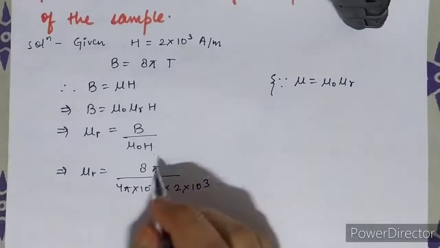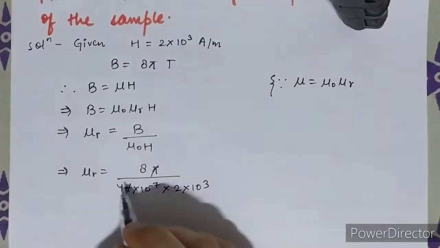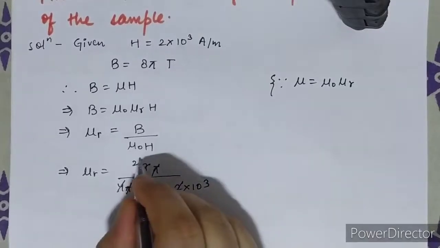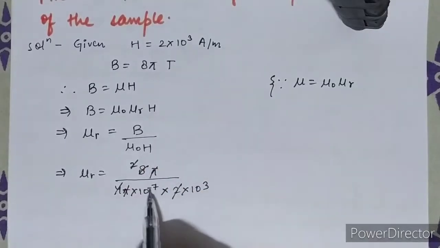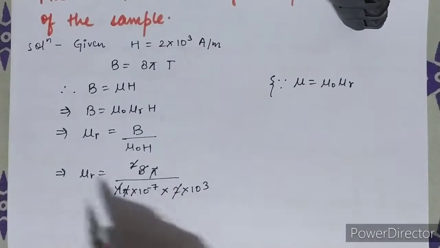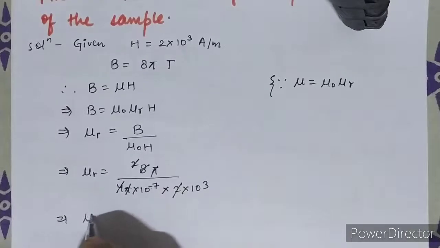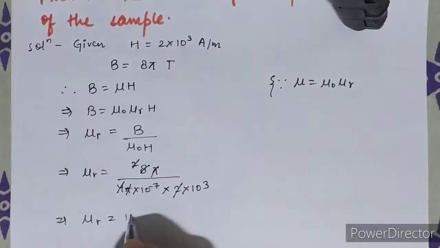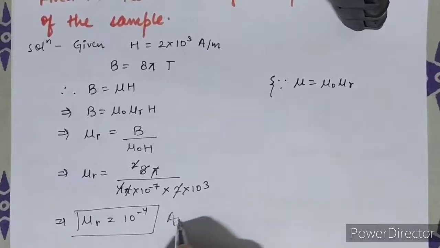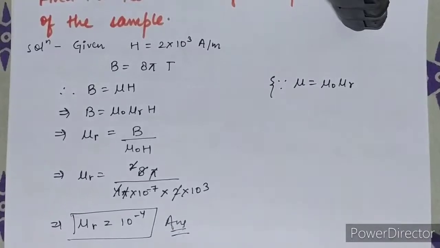Pi and pi cancel out, 4 and 2 cancel out, and minus 7 and plus 3 give minus 4, which goes to the upside. So the relative magnetic permeability is 10 to the power minus 4. That's it. This is the answer. Clear? Okay.